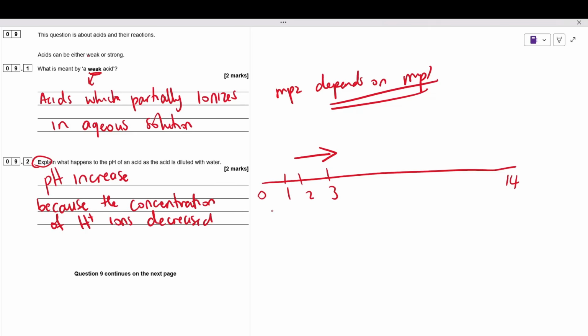Okay, so remember, closer to this end, we have a greater concentration of H plus, right? So greater concentration of H plus here, right? And lower concentration as we move further to 7 and going into the alkali realm.